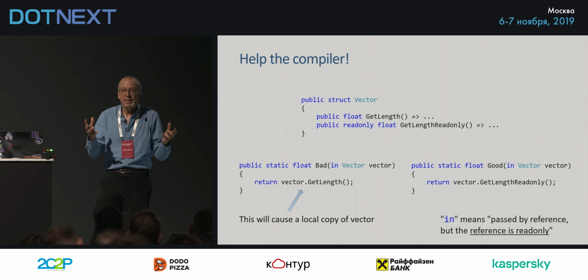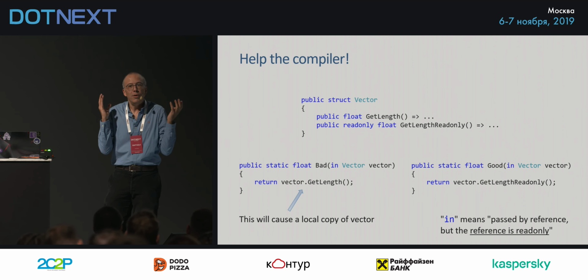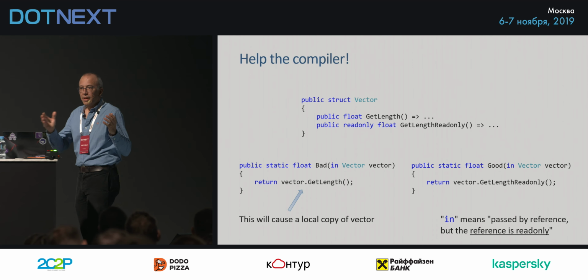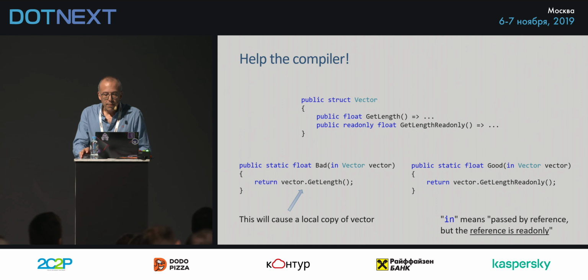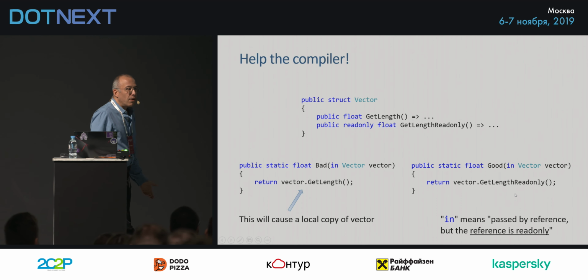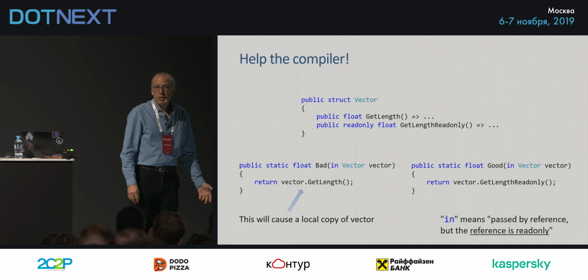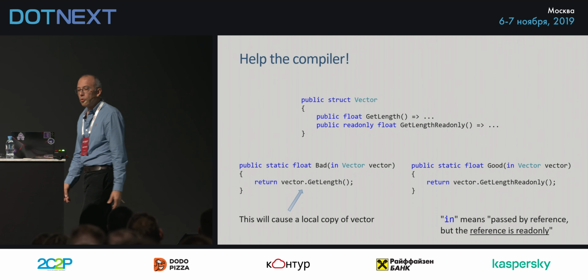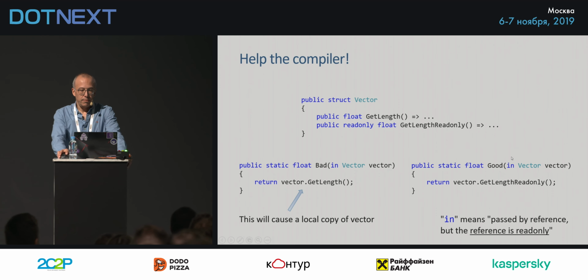It's called defensive just because it cannot know. And in order to avoid any mistake, boom, copy. But if you use the one that is marked as read-only, of course, the copy will not occur. So this is helping the compiler to have a good optimization.